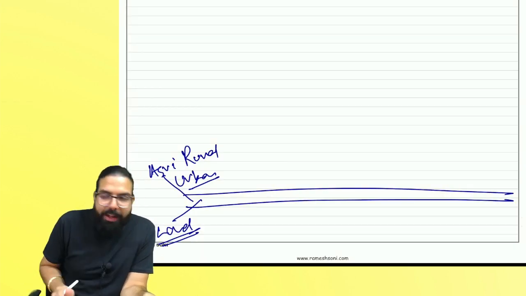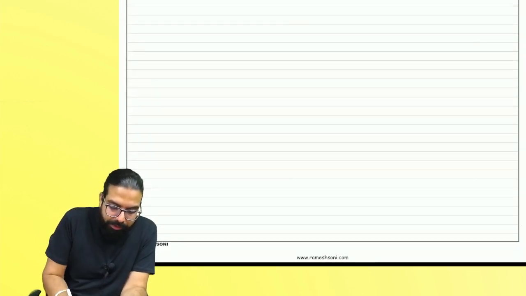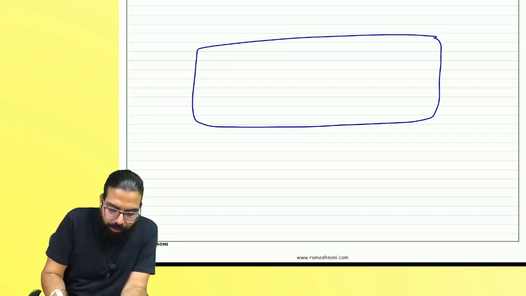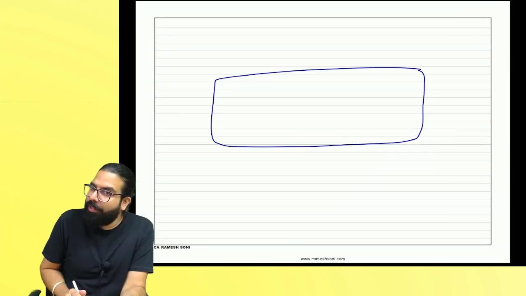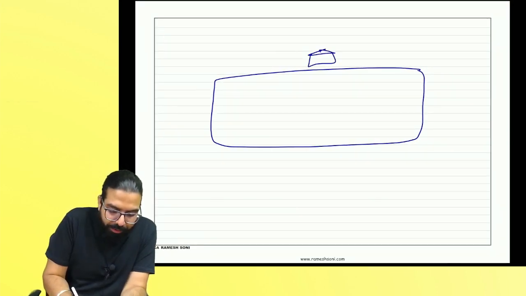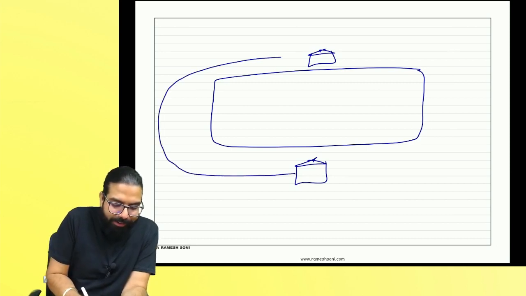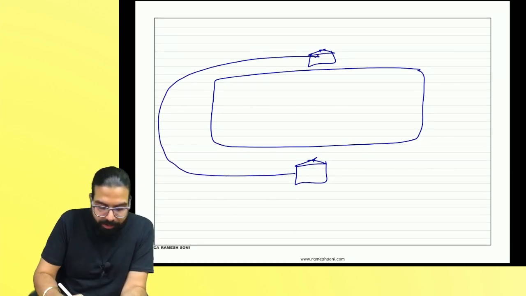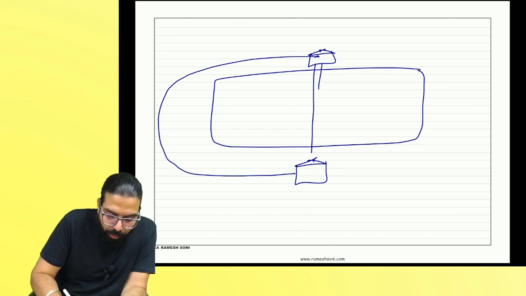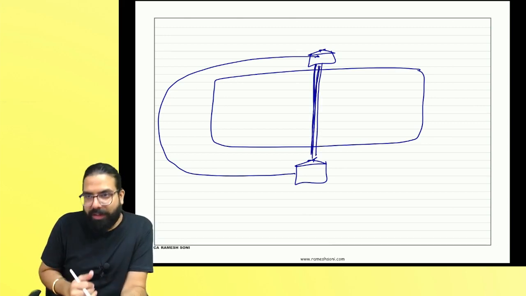What do you mean by benefit arising out of land? I'll tell you. For example, this is one land which belongs to Venkat. This is Venkat's land. This is my office. This is my home. Every day I have to go like this from here to here. I told Venkat, can you give me a right of way? Means, can you give me a path in between so that I can come and go to my office directly?